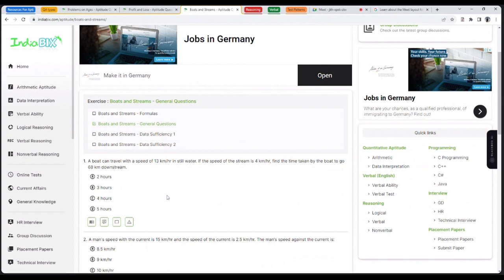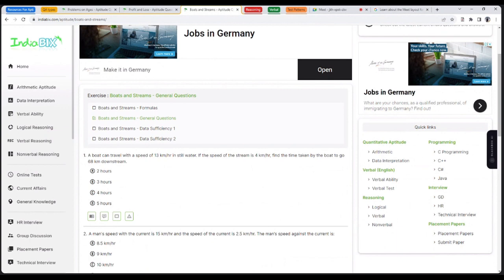For example, a boat can travel with a speed of 13 kilometers per hour in still water. If the speed of the stream is 4 kilometers per hour, find the time taken by the boat to go 68 kilometers downstream. These types of questions they'll be asking. These three are the ones I wanted to cover from the quantitative aptitude side.